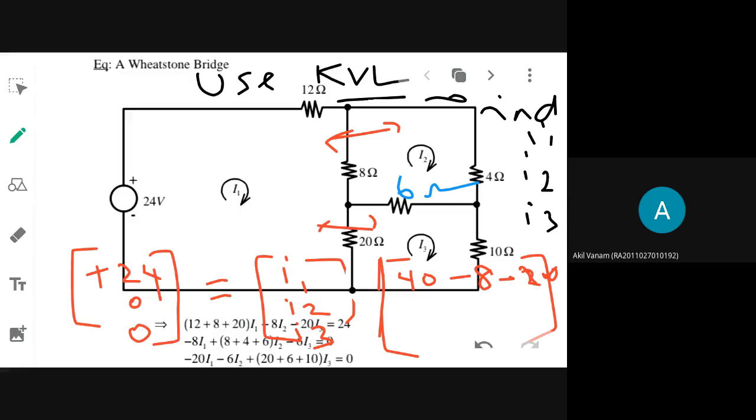Now, Chinmay, tell me what is R21, R22, R23. Chinmay, hello. What is R21, R22, R23?